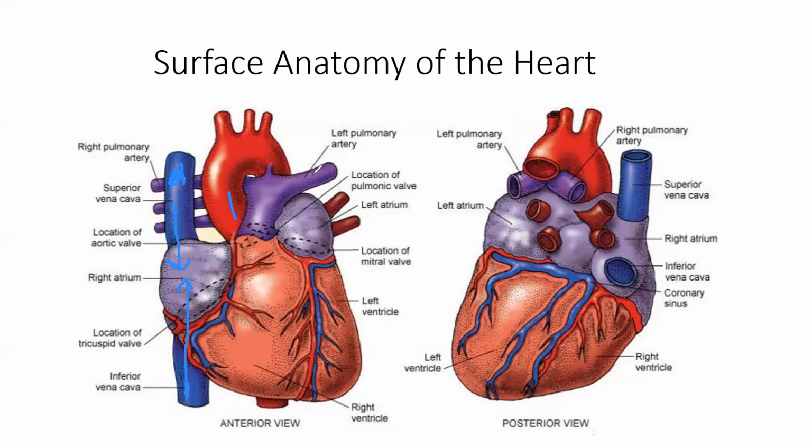So remember, the left pulmonary artery and the right pulmonary artery have deoxygenated blood inside these arteries. They take the blood to the lungs, and through the process of diffusion, we breathe off the carbon dioxide and take in oxygen.